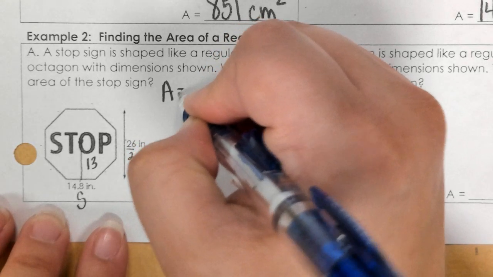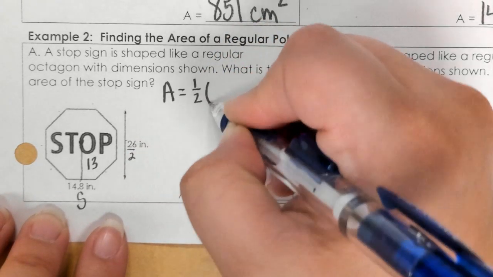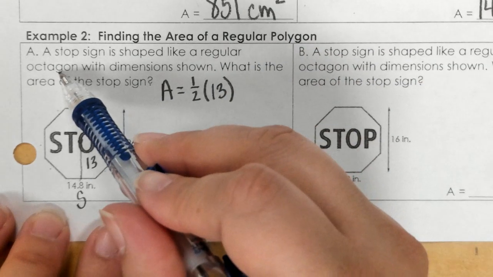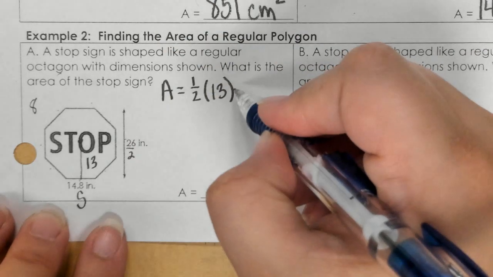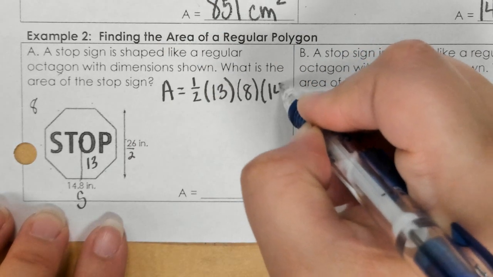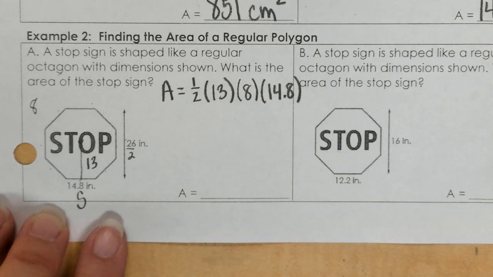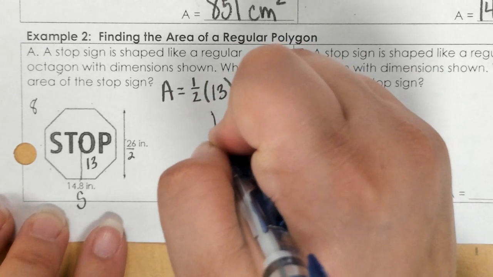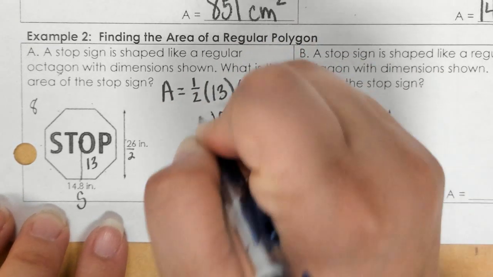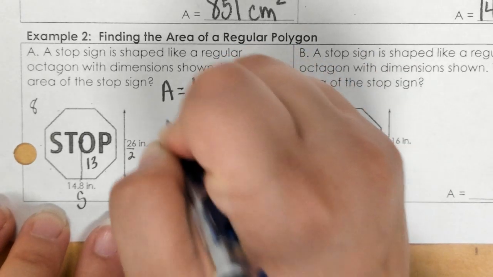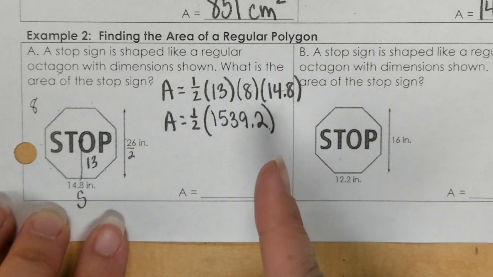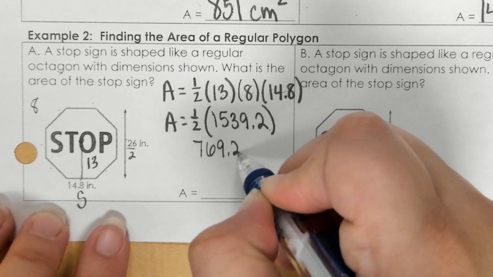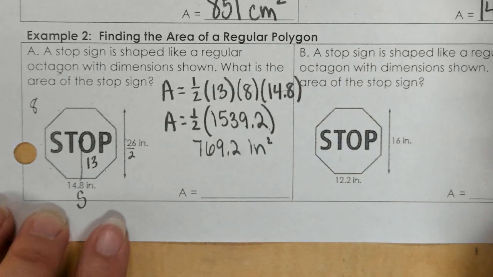So I would have area equals 1/2 times your apothem, which is 13. The number of sides that we have in an octagon are 8. Okay, 8 sides, so that would be 8 times 14.8. If we multiply these three together, that would give me 1,539.2. But we do have to take half of that, and that gives me 769.2 inches squared.